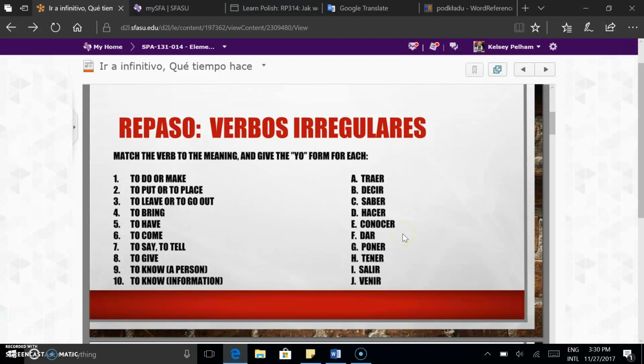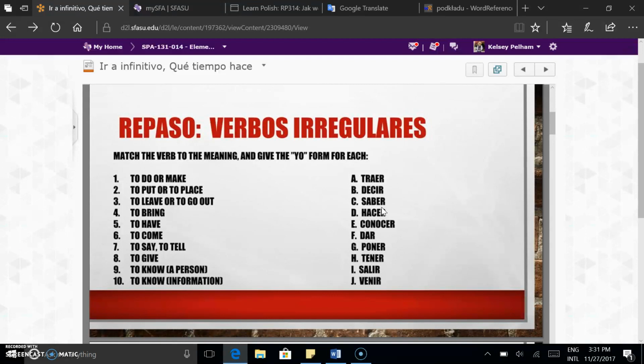I know Miguel. But I know that his name is Miguel. That's information. So for that one, número 10, I would use saber. And the verb saber has a really irregular yo form, which is sé. S-E with the accent mark. Sé la respuesta. I know the answer.